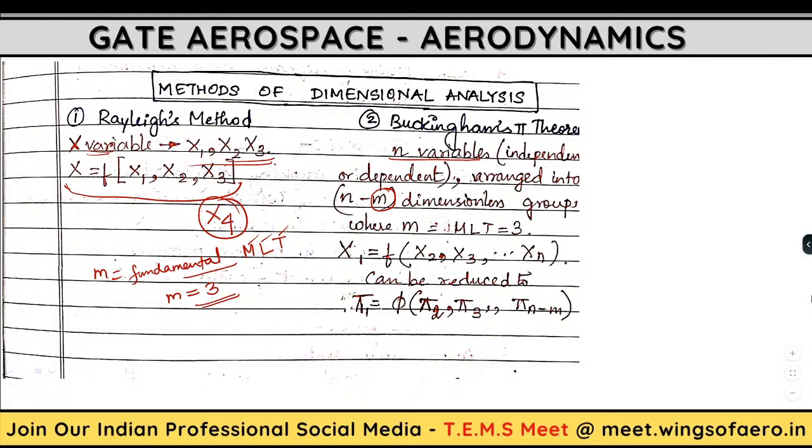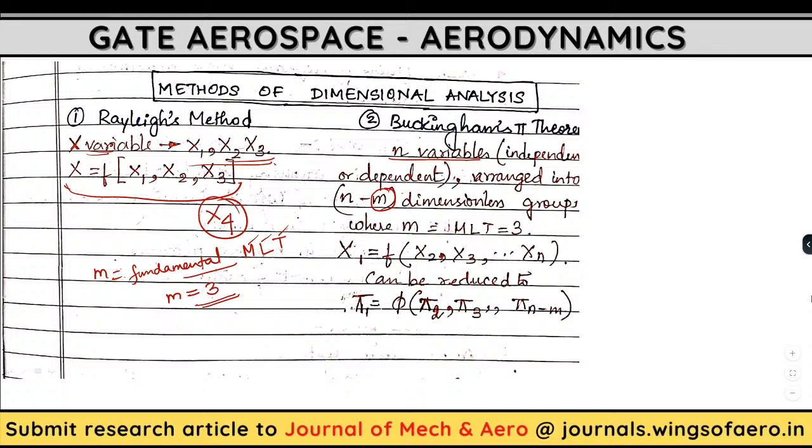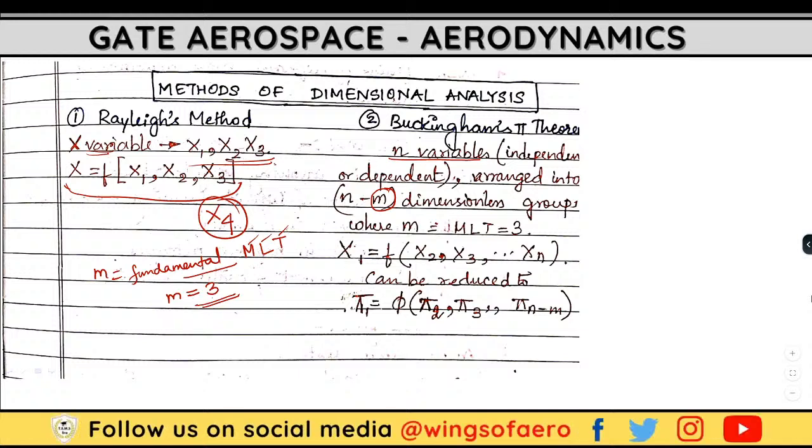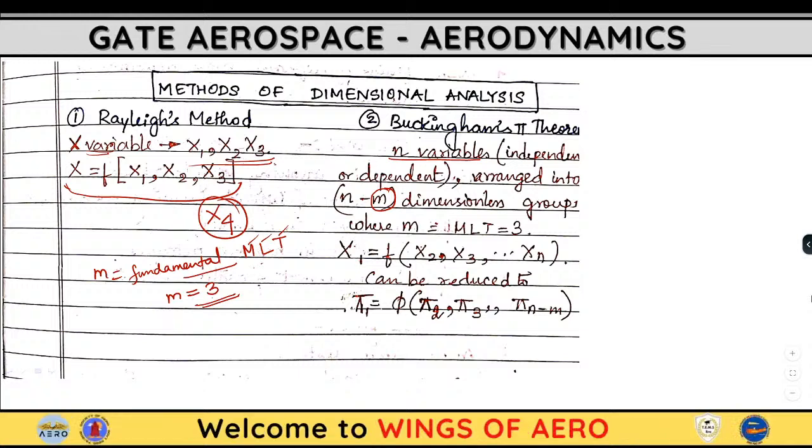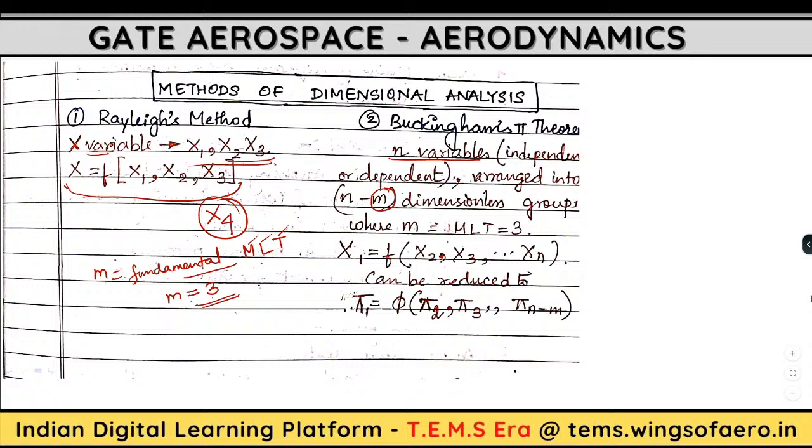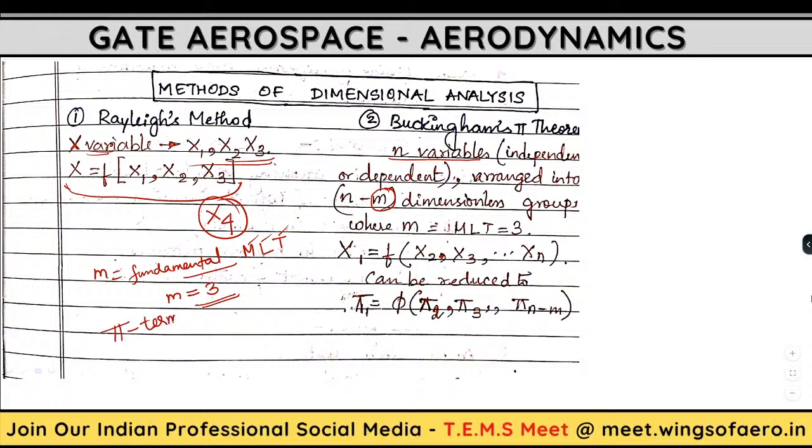If we have a lot of factors, suppose n number of factors, that is x1, suppose any one of the factors, x1 equals a function of x2, x3 till xn, then it can be converted into a dimensionless number that is called the pi term. And how to align this pi term?